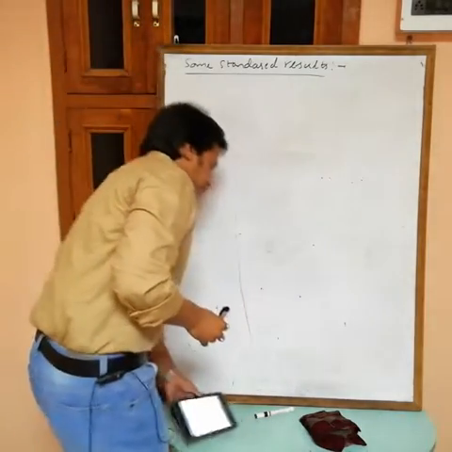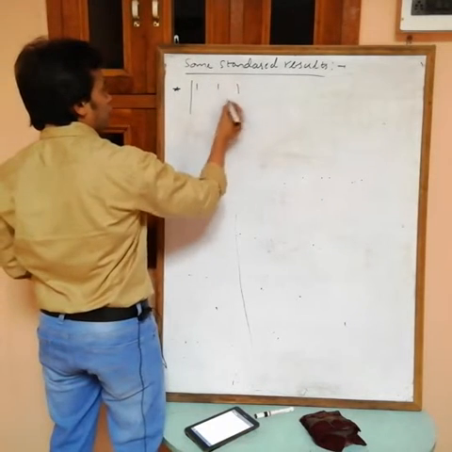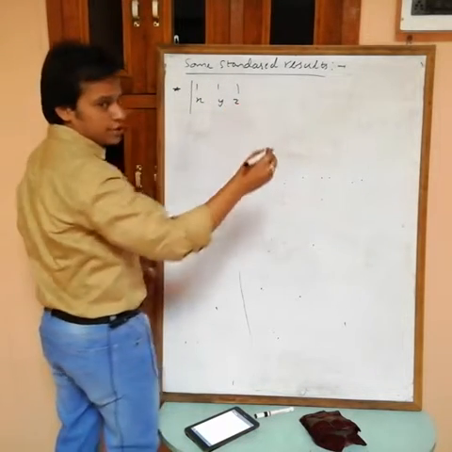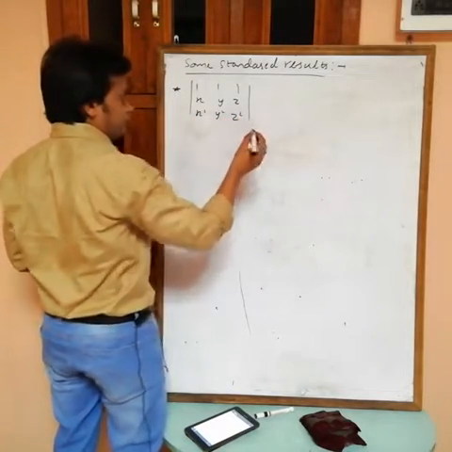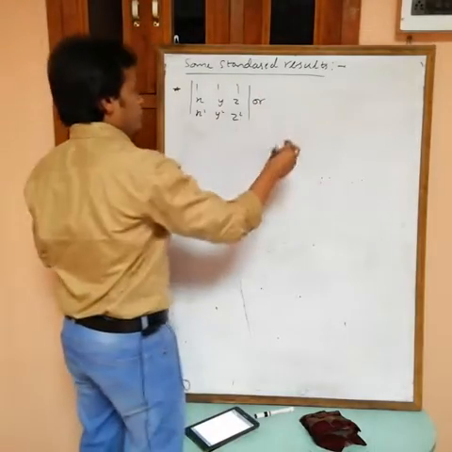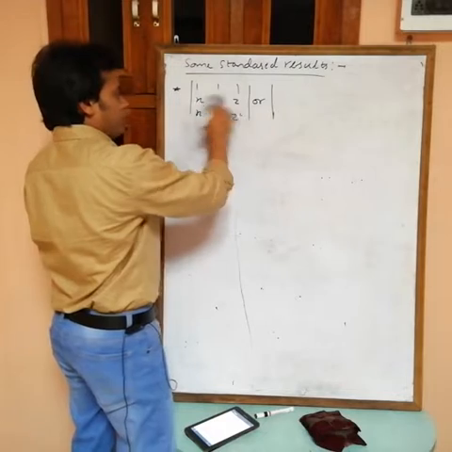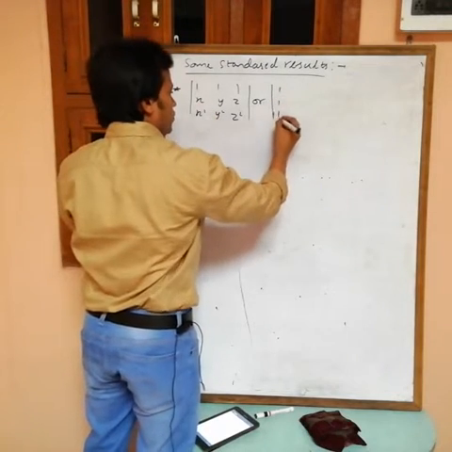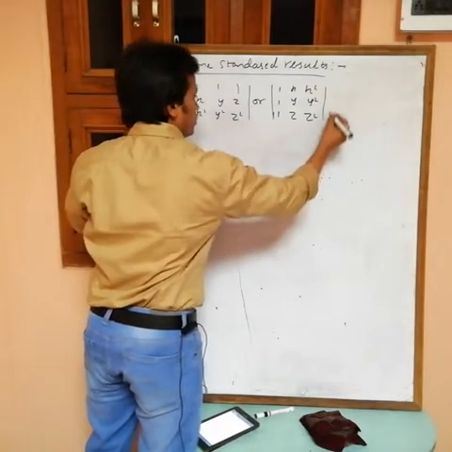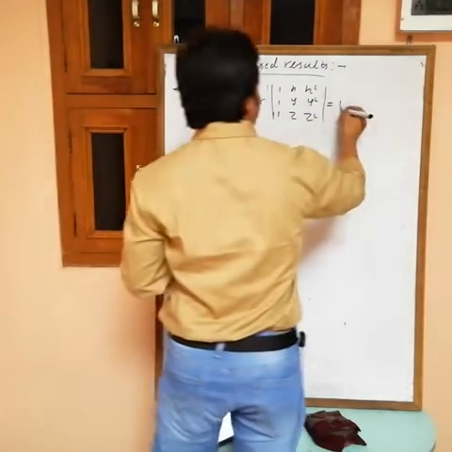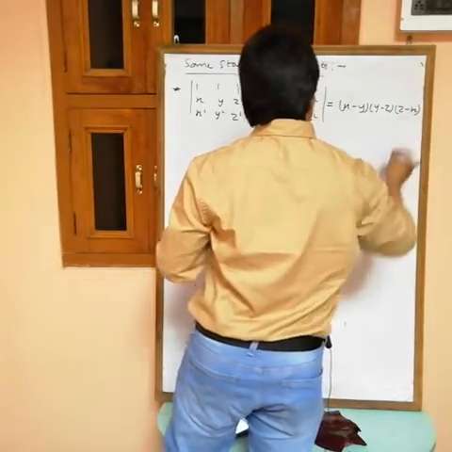First one: 1 1 1, x y z, x square y square z square. This one or its transpose, both are the same thing, because del equals del transpose. This value is equal to (x minus y)(y minus z)(z minus x).